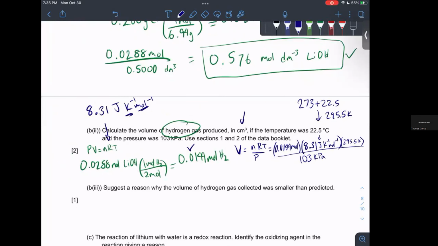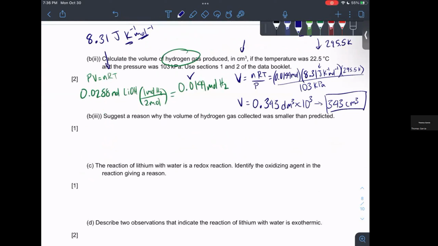So from this, we are going to find that our volume is equal to 300 and, oops, I got my numbers wrong. 0.343 decimeters cubed. But if we multiply by 10 to the third, so we can get centimeters cubed, we'll get 343 centimeters cubed. That's our other mark.